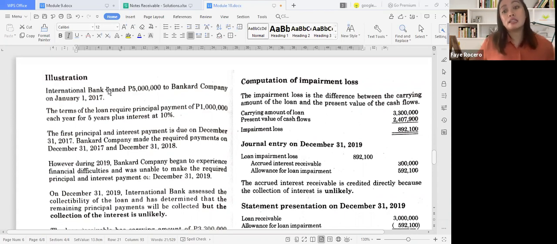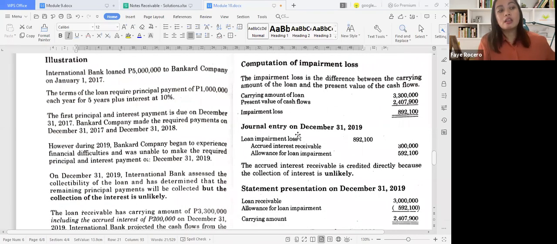payments on December 31, 2019. So International Bank assessed the collectibility of the loan and determined that the remaining principal payments will be collected but the collection of interest is unlikely. So okay, makakolekta pa yung principal pero yung interest baka hindi na.